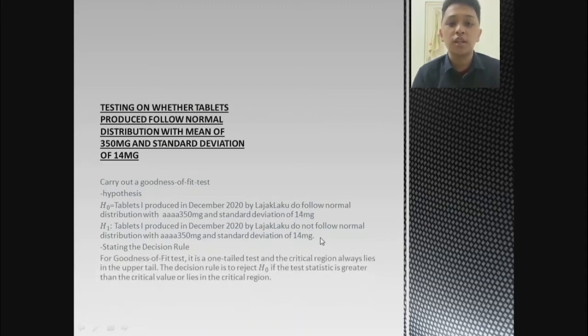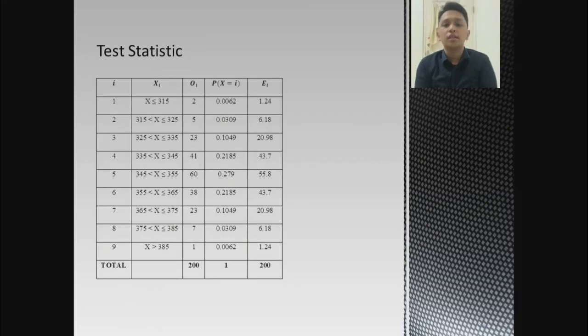Before that, we need to set the decision rules for the goodness of fit test. It is a one-tail test and the critical region always lies in the upper tail, and the decision rule is to reject H0 if the test statistic is greater than the critical value or lies in the critical region. Next is the test statistic.